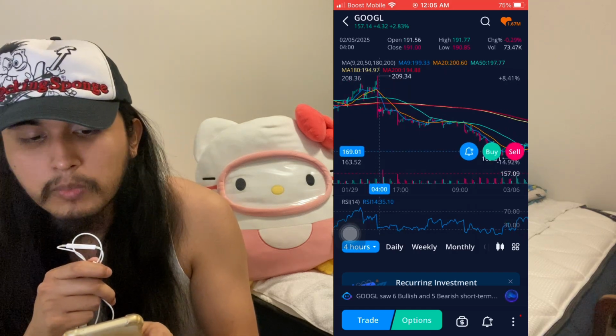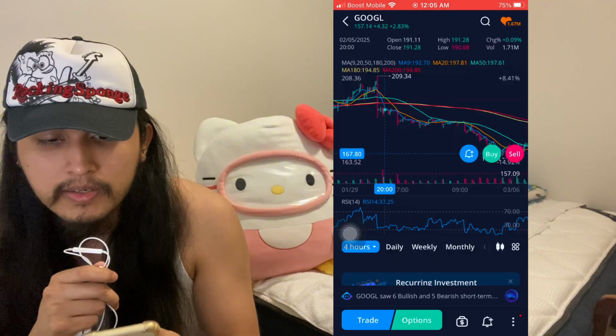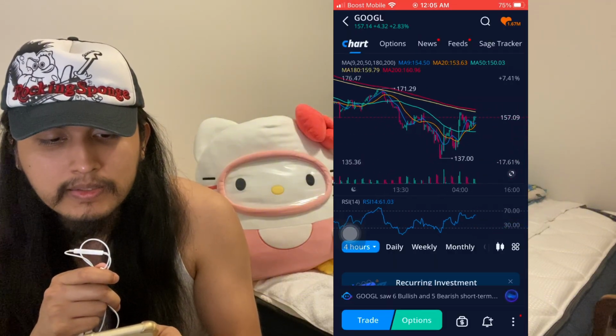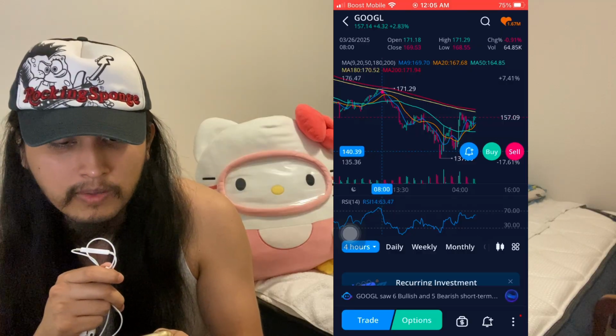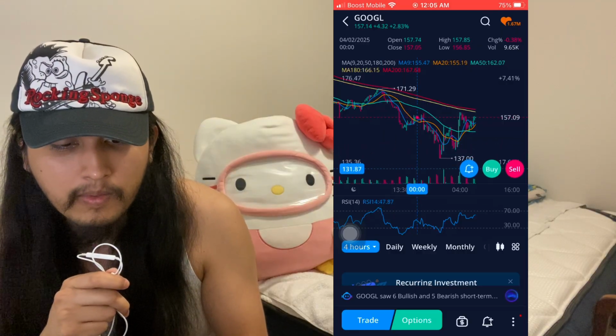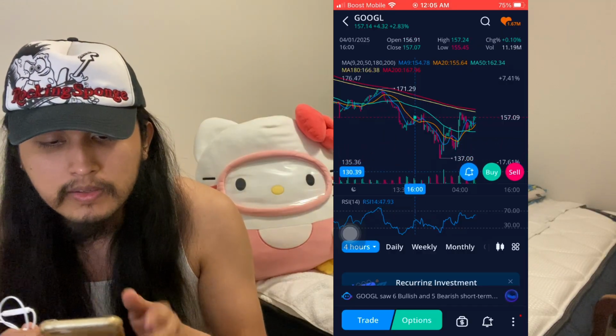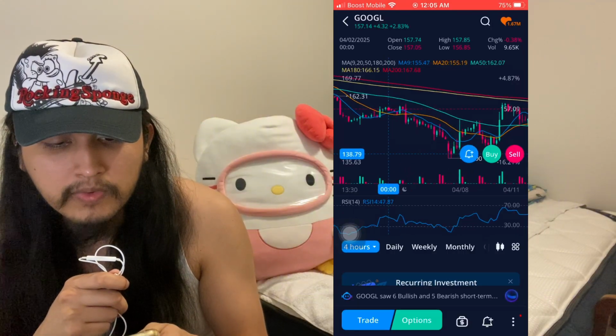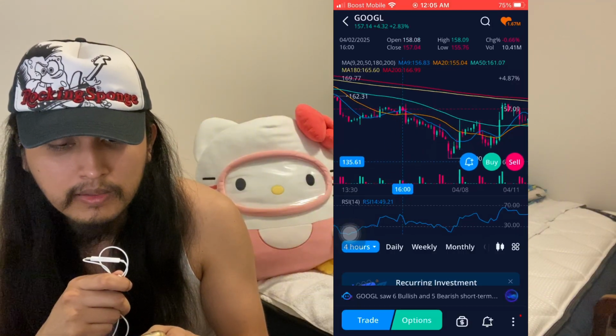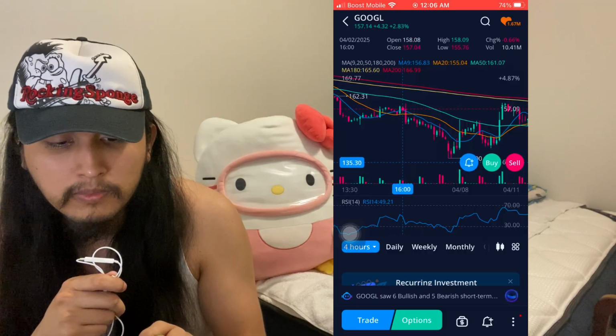For example, you can see on the 4-hour time chart that ever since February 5th, Google's been in a downtrend. It tried breaking the 180-day moving average at one point and got rejected. It somewhat got over the 9 and 20-day moving average on April 2nd, but completely failed.